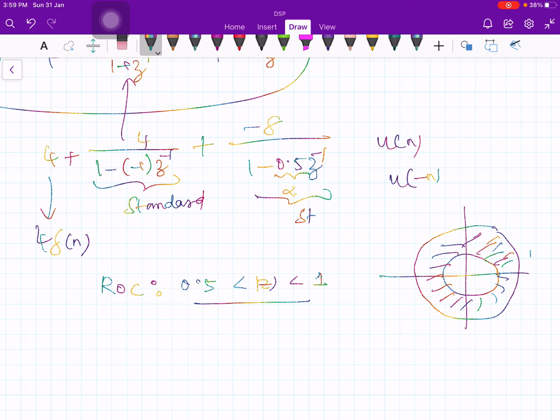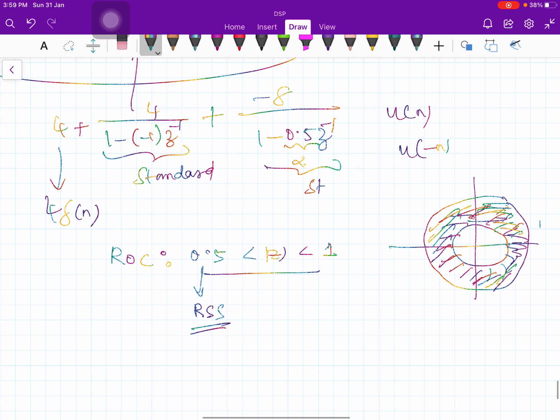So whenever the ROC is outside of a circle, then the sequence is a right sided sequence. Yes or no? That's what we said in the previous lecture. Therefore this is going to be 4 times minus 1 whole to the n u of n, right sided sequence.